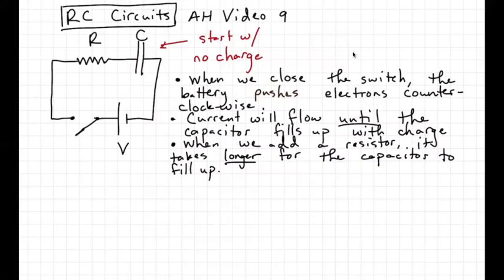But the resistor adds a wrinkle to this, because what the resistor is doing is slowing the current in the circuit. We saw that when studying resistors, and it's serving that same function here. So if we put a resistor in the circuit right here, then effectively we're slowing the flow of charge in the circuit, which lengthens the time it takes the capacitor to get fully charged. If there is no resistor here, the capacitor will charge almost instantaneously.